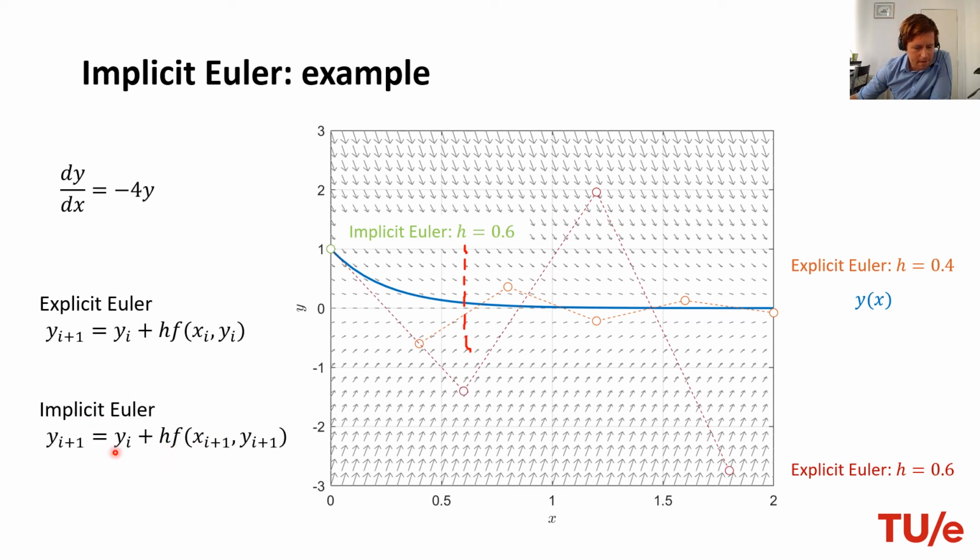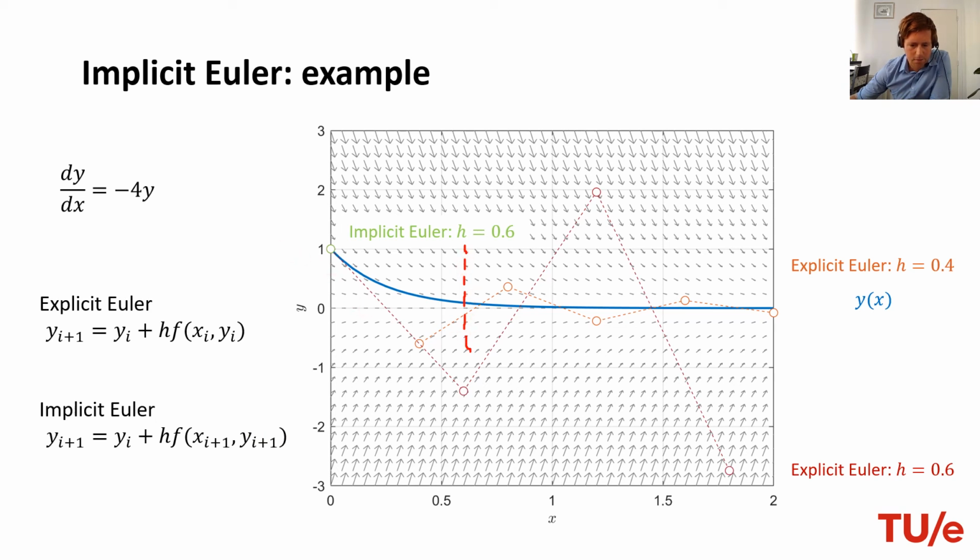Well, this basically says that we update yi plus h times a slope, and the slope is said to be tangent to the direction field at xi plus 1.